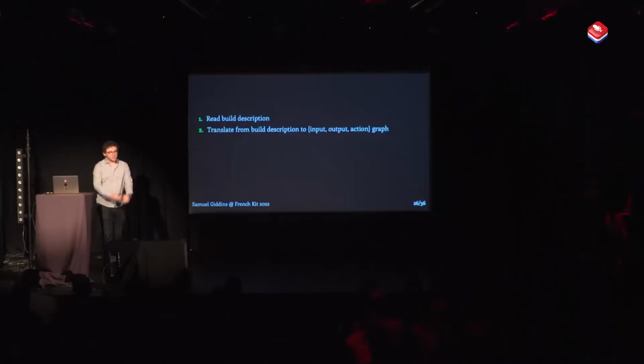Actions are basically things you can run on the command line. As an example, let's say I have a file called input.txt, and I want to make a file called output.txt, and the output should be the same as the input. Then my action would be cp input.txt output.txt. So we build up a huge graph of these actions.